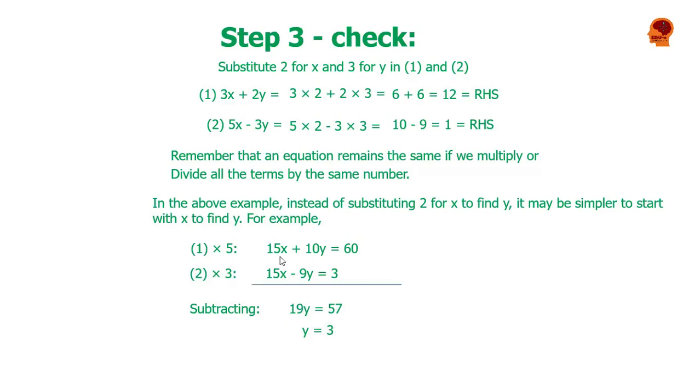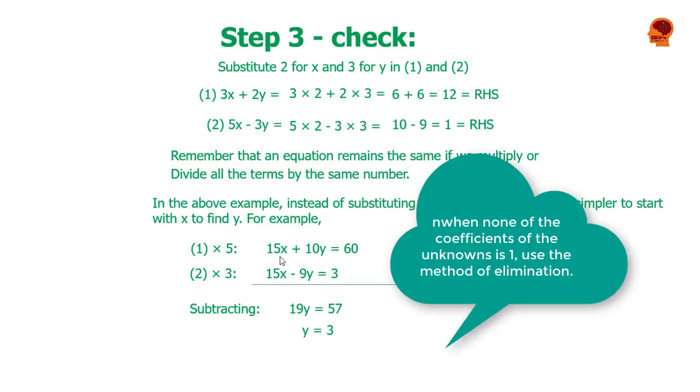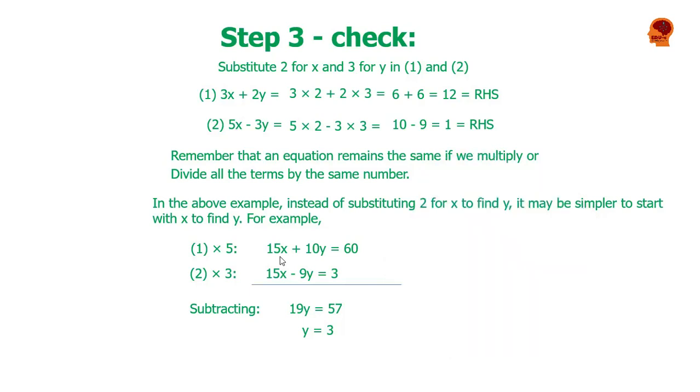That is only when you use the substitution method. In this method, if none of the coefficients of the unknowns is 1, then it is best that you use the elimination method. You are going to get everything.